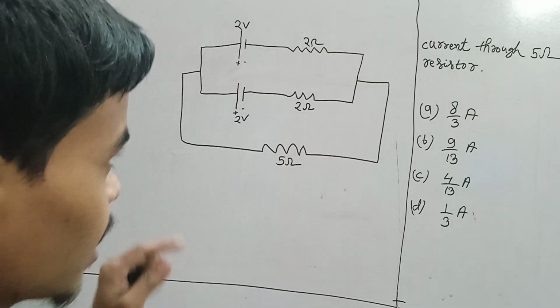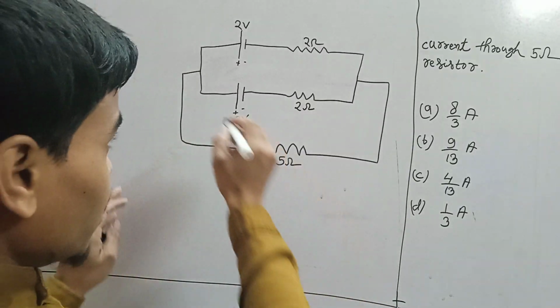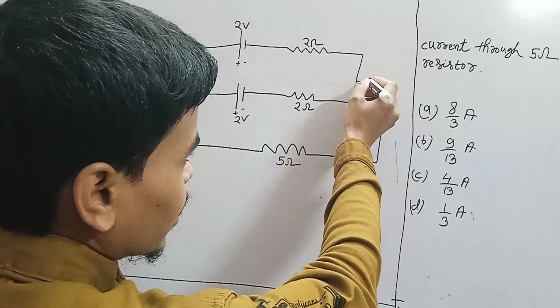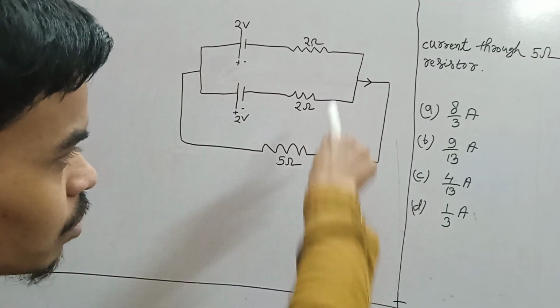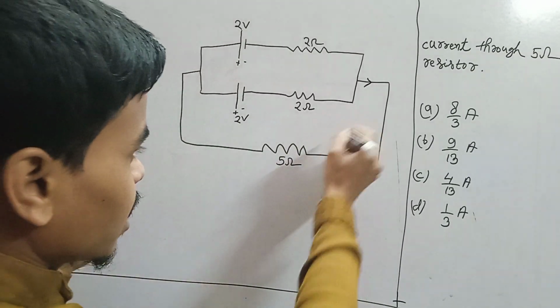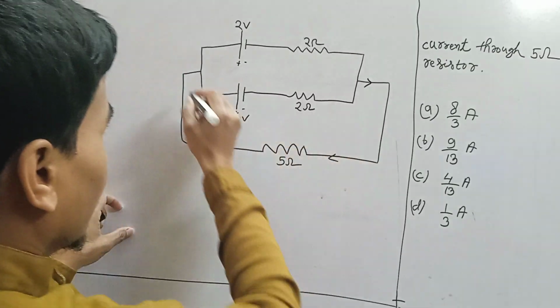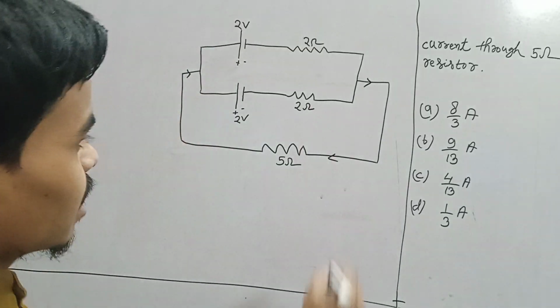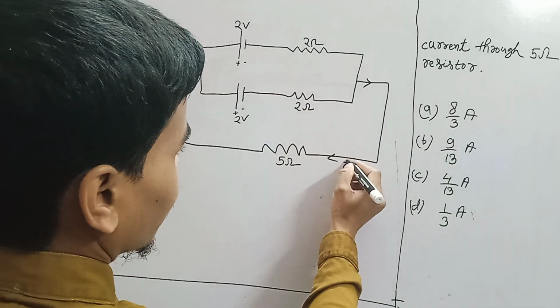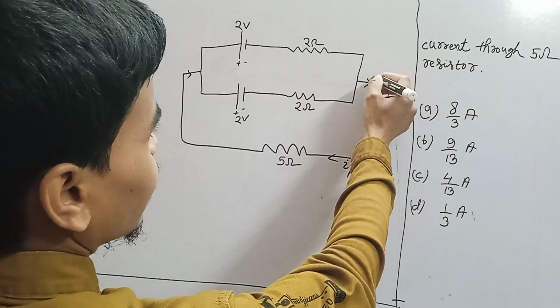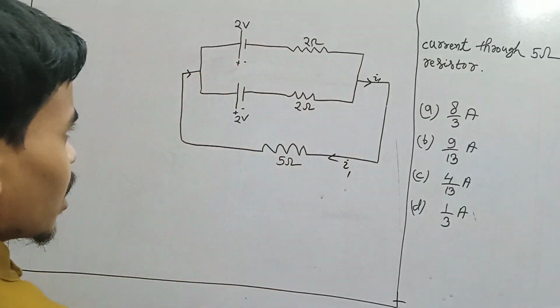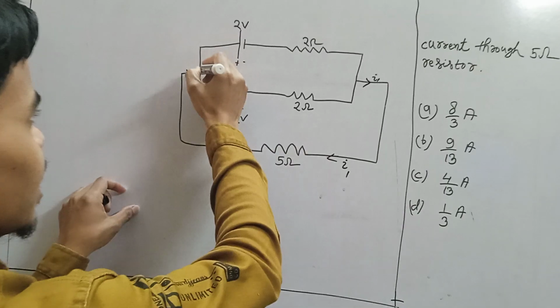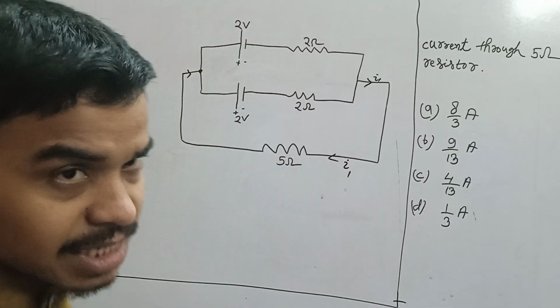Here we can see, assume that a current I1 is flowing through the 5 ohm resistor here, and this is I1 current, and this is I1 current, and here you can see the point junction.